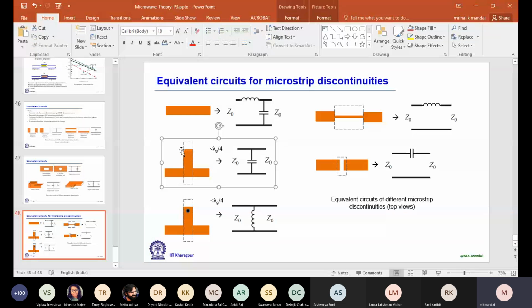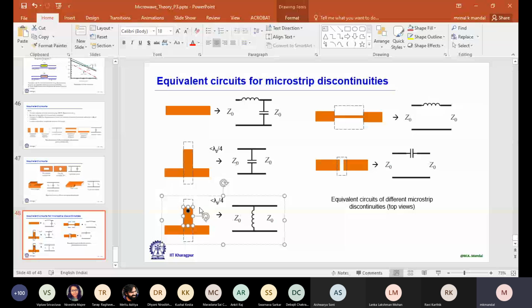Again, we discussed this. If the open stub length is less than lambda g by 4, then its input impedance is capacitive. So we represent it by a shunt capacitor. But now if the other end is shorted, then input impedance is inductive, and we have an inductor in between these two.